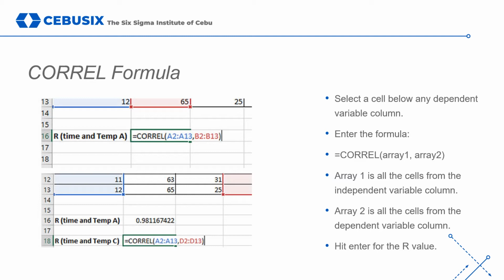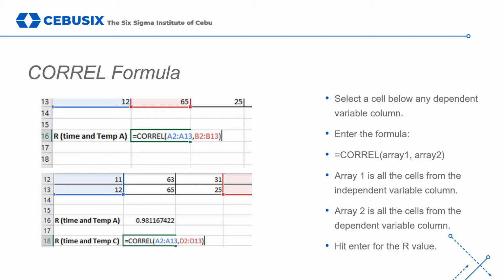Array 1 is the set of cells containing data for time. Array 2 is the set of cells containing data for temperature A. You can select these ranges with your mouse, separating them with a comma in your formula. Once the array data is entered into the cell, hit Enter, and Excel will calculate the R value, the correlation coefficient for the two sets of variables.